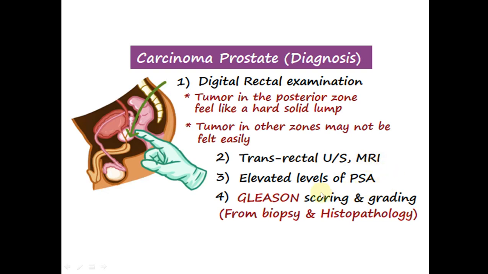And very important is the measurement of the prostate specific antigen. The prostate specific antigen, though it is organ specific and not cancer specific, can give us very valuable information. For the diagnosis of the prostate cancer, we use the Gleason scoring and grading.